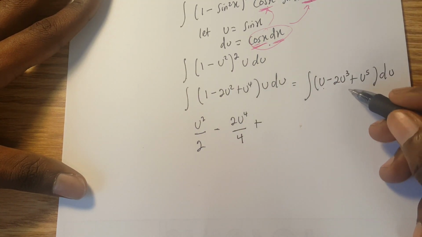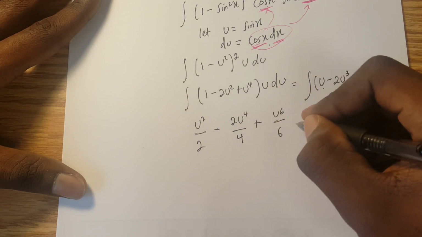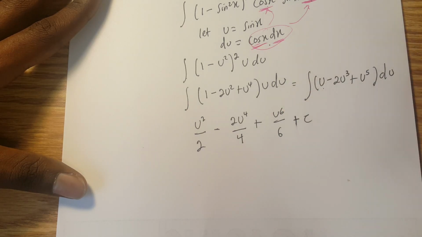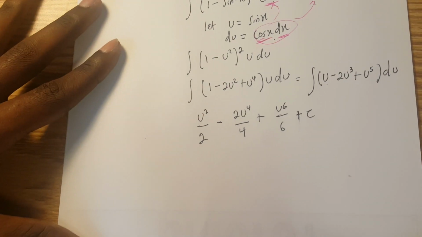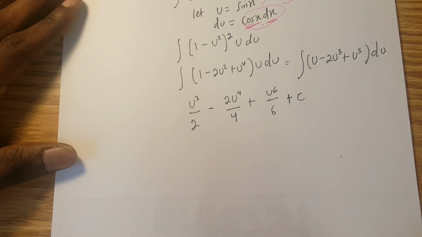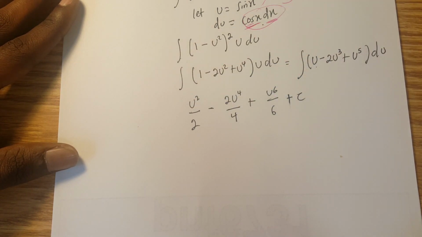Plus, if you integrate u to the 5th, we have u to the 6th divided by 6, plus c. We always add our c to it because the question is an indefinite integral.